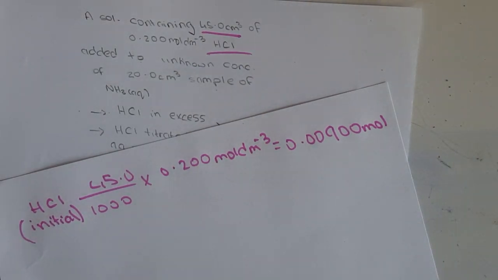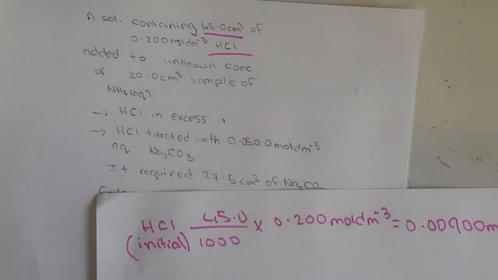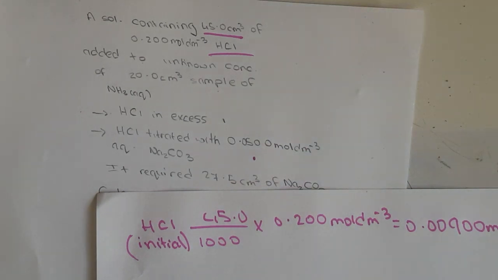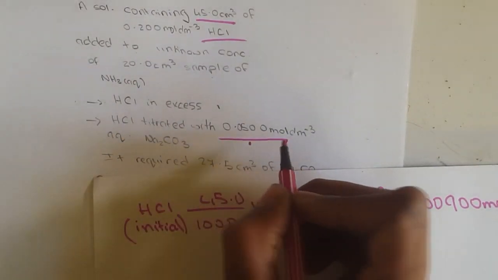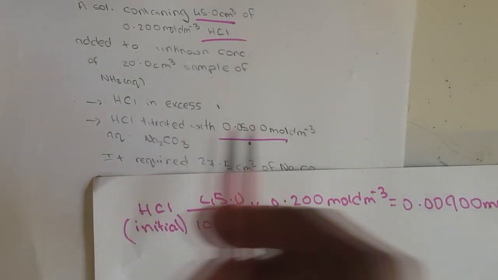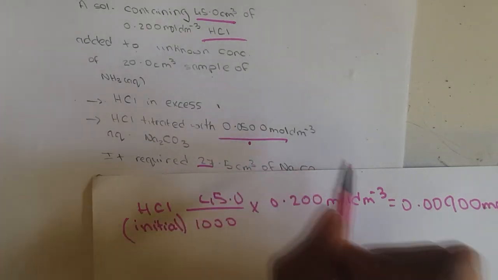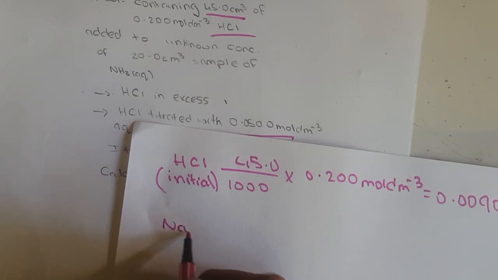Now we have to get the leftover amount of HCl. They give us the concentration of the sodium carbonate required, so we can get the moles of sodium carbonate. That's what we should do first. They gave us 27.5 cm³, and we do the same thing here.